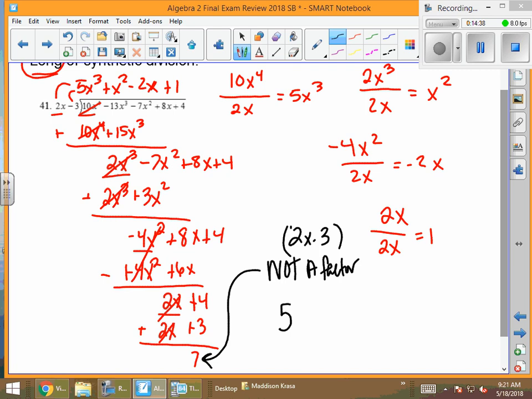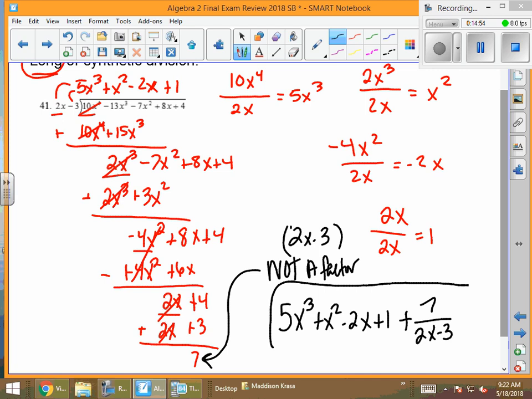So we write our final answer by taking the quotient at the top. So 5x cubed plus x squared minus 2x plus 1. So we take that, and then we add our remainder over the divisor to show our final solution.